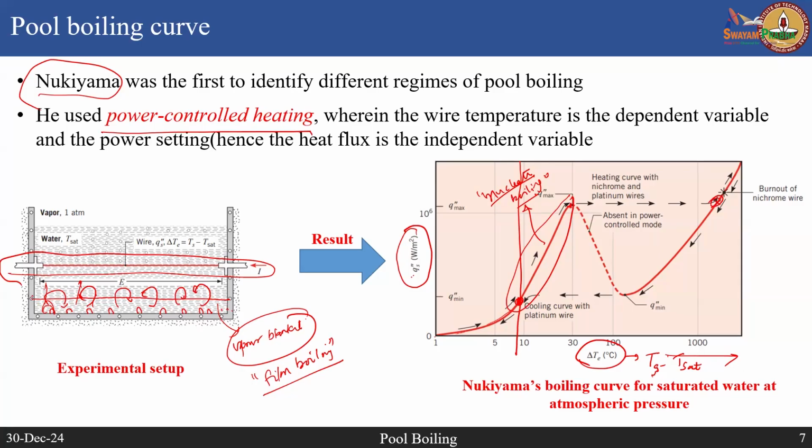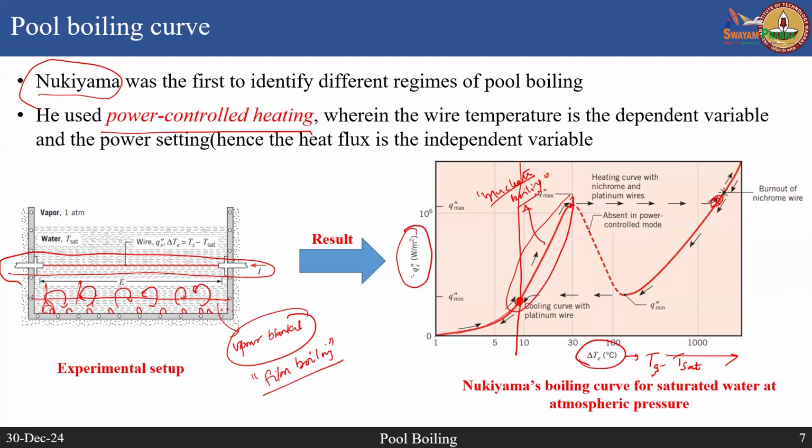There is hardly any phase change process happening there, but it is only by means of conduction that there is heat transfer happening from the heater, and that too against a very poor thermal conductivity medium.